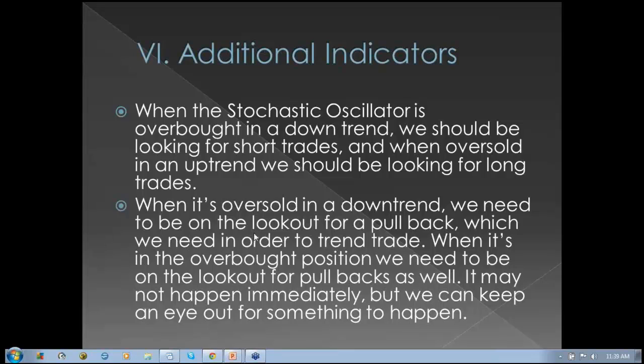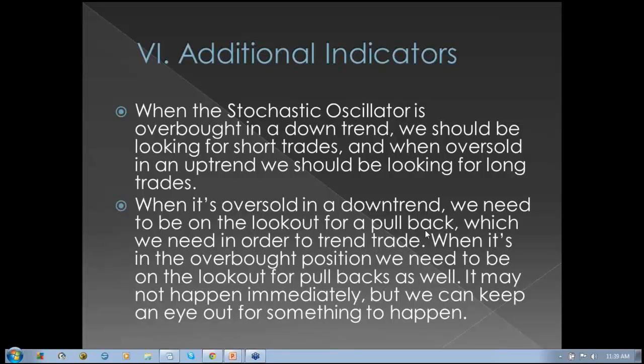So what we're going to be doing is, when the stochastic is overbought in a downtrend, we're going to be looking for short trades, and when it's oversold in an uptrend, we're going to be looking for long trades. On the flip side, when it's oversold in a downtrend, we need to be on the lookout for the market to pull back.